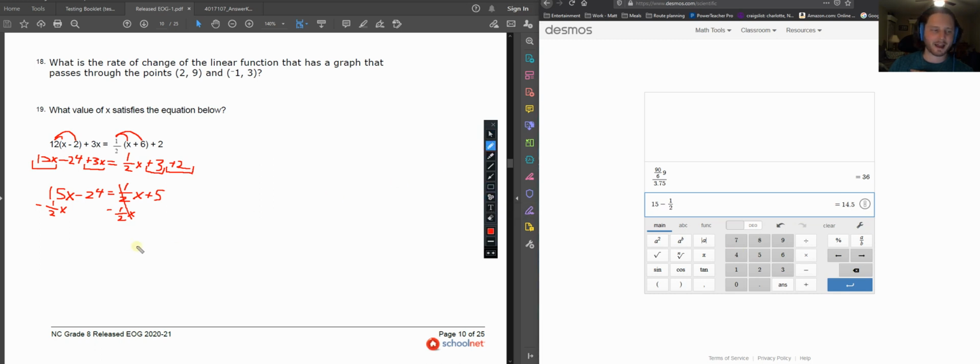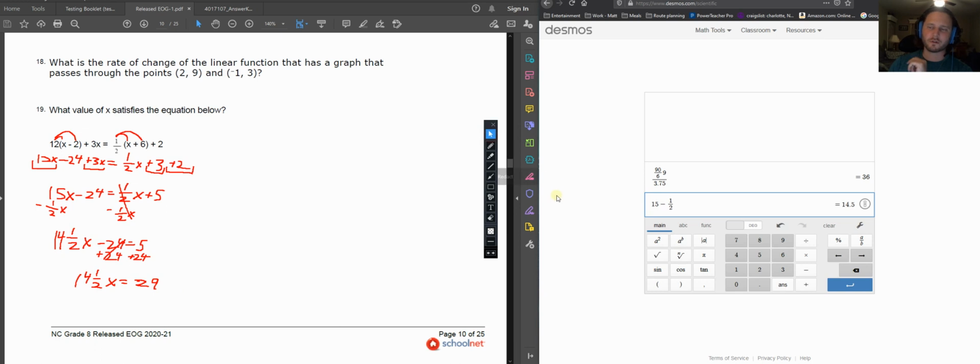So 14.5x minus 24 equals 5. Of course, from here we add 24 to both sides. Cancels out. So 14.5x equals 29.